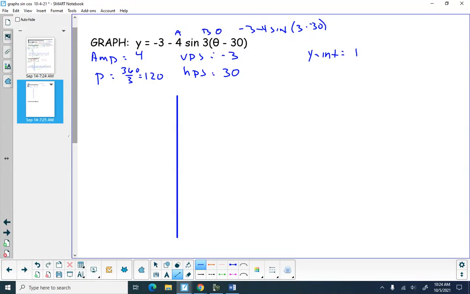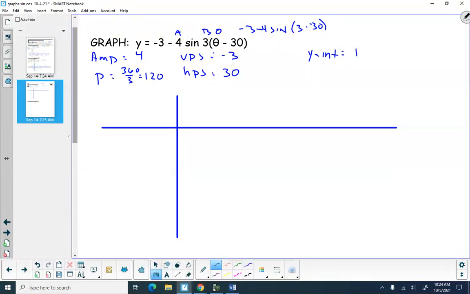So I need to be a little bit more bottom heavy with my graph, because I need to make sure I can go down 3 and an amplitude of 4. Once again, that's the first thing you take a look at: your vertical shift and the amplitude. That will tell you, do I need to be top heavy or bottom heavy? I need to be a little bit more down here because I have more negative values.